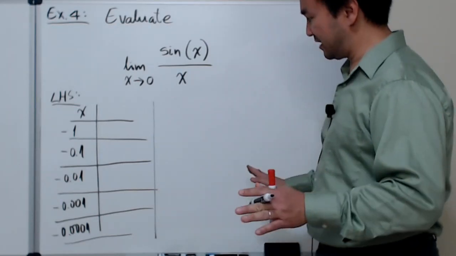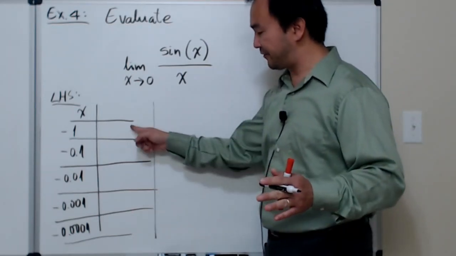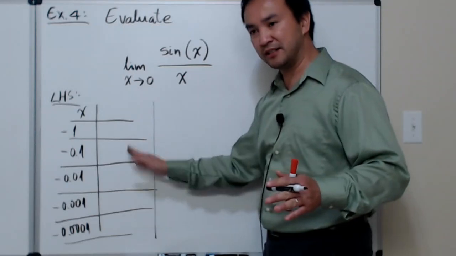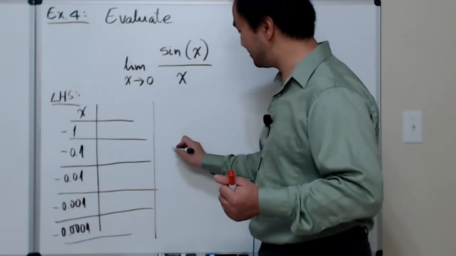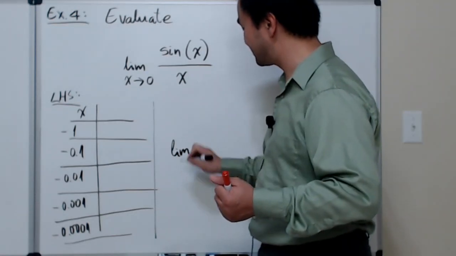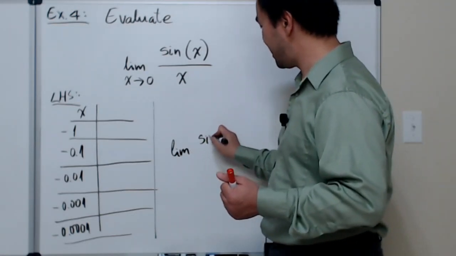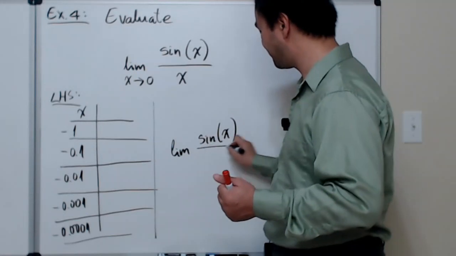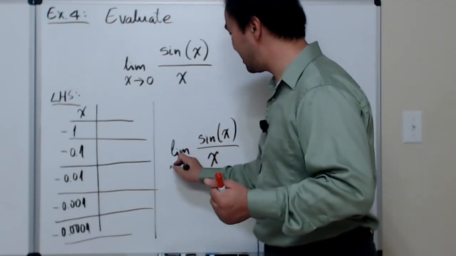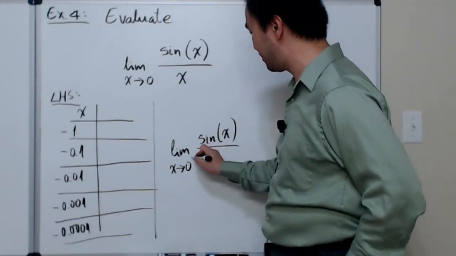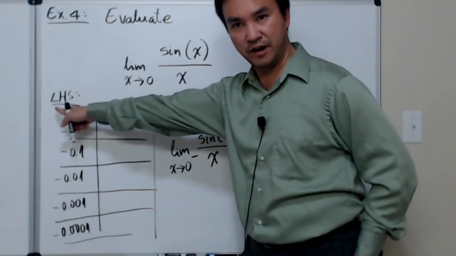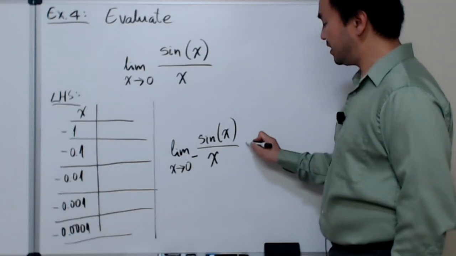Now, assuming that you already took your time in filling out these values, I am not going to bother filling it out either. But let's see if you agree with my answer here. Sine of x over x, as we were letting x come close to 0. This whole table was about getting close to 0 from the left-hand side, LHS.